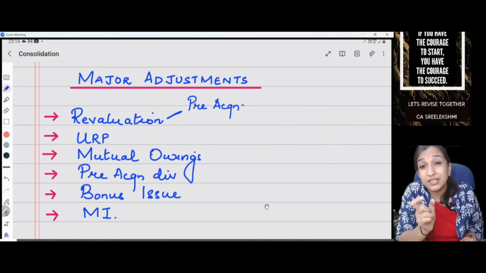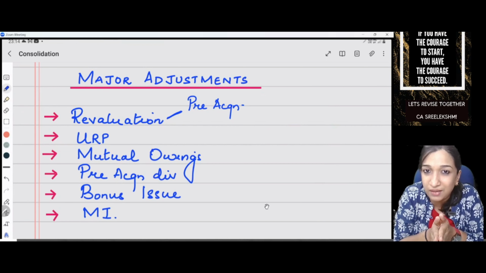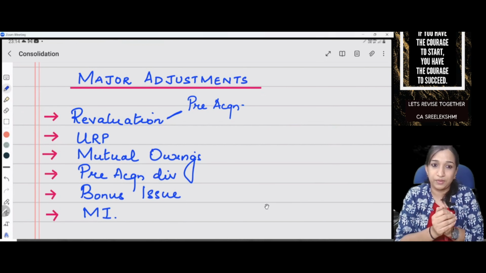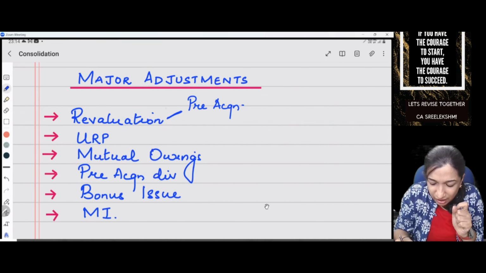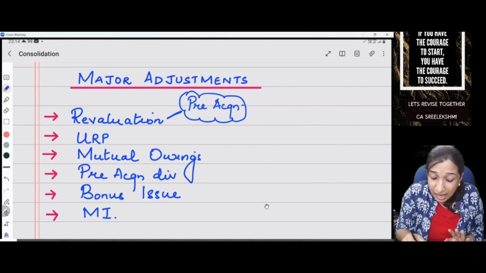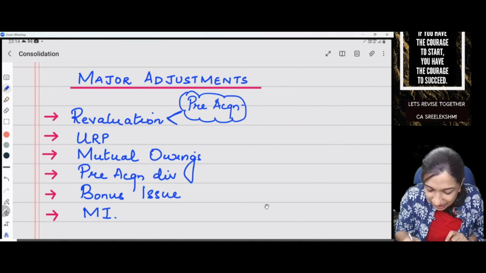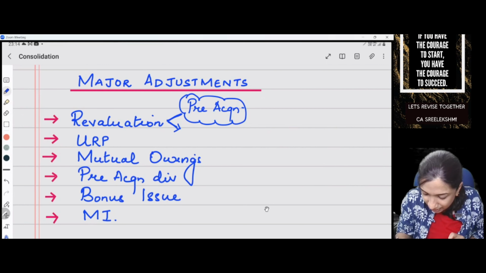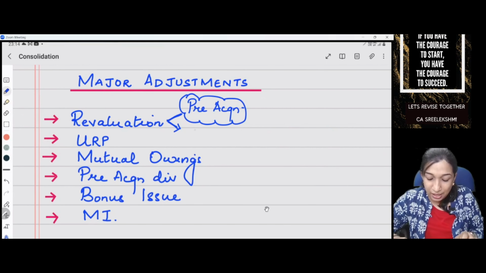So that profit is considered as pre-acquisition profits, and profits after the date of acquisition only will be considered as post. Okay. So whenever there is revaluation, it always forms part of pre-acquisition profits or capital profits. And if there is revaluation, there is a depreciation adjustment. Whenever there is revaluation, there is a depreciation adjustment.